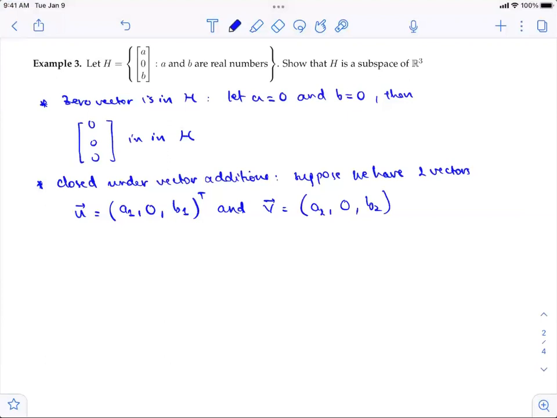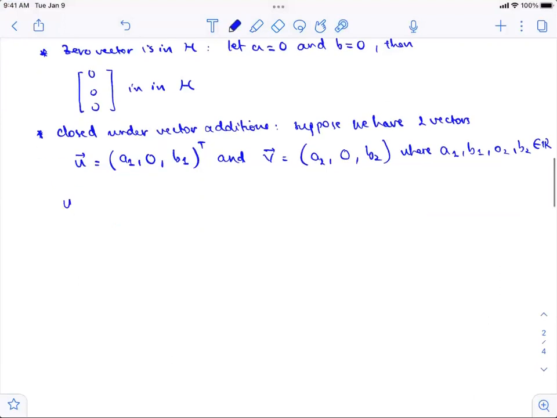Now I'm going to perform the vector addition and see what happens, where a1, b1, a2, b2 are just real numbers, similar to the setup right here.